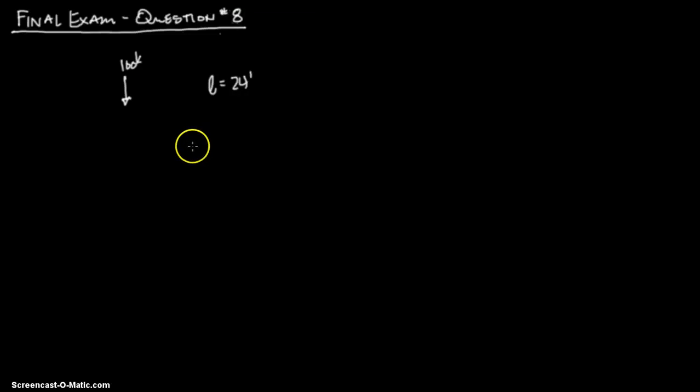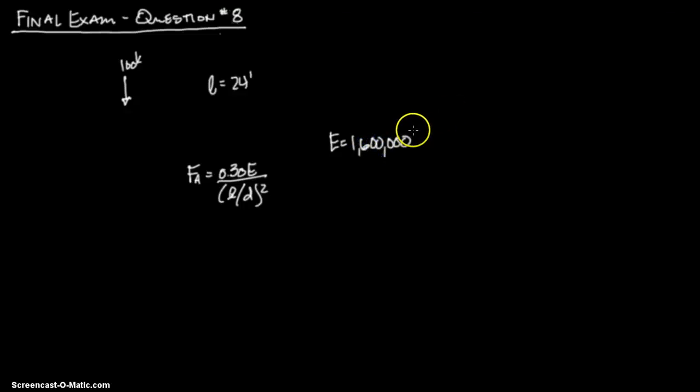Allowable unit stress in compression parallel to the grain equals, so let's say F_a is axial, and you can do F_cE, that's L divided by D, squared. And it says E equals 1,600 KSI, or 1.6 million PSI.